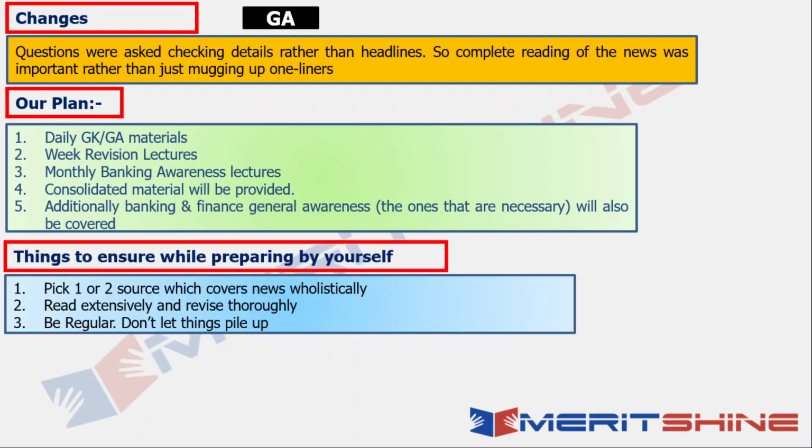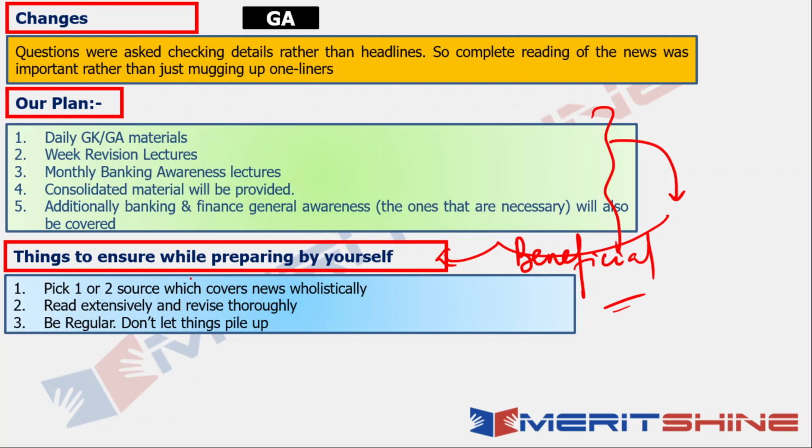Now, if you are preparing by yourself, what are the things that you need to ensure? Obviously, if you do these things by yourself, it would be beneficial for you. But there are some things you should take care of, and these are the three things. First of all, pick one or two sources, not more.